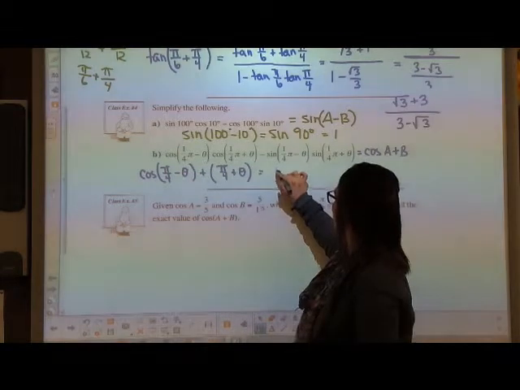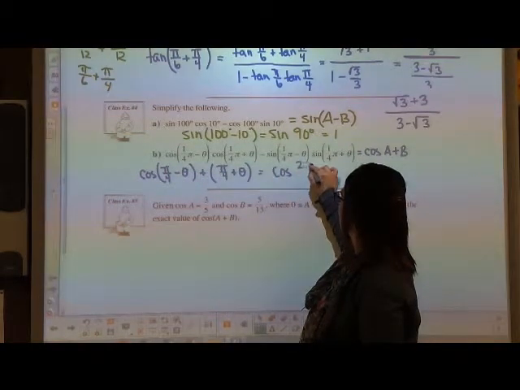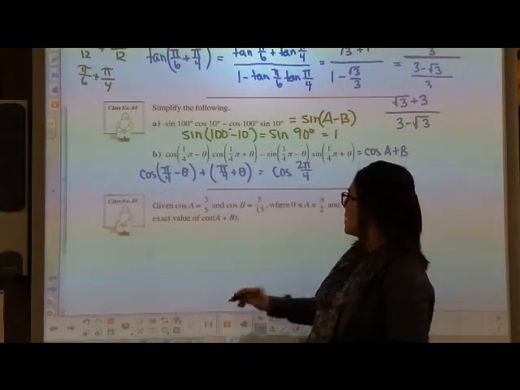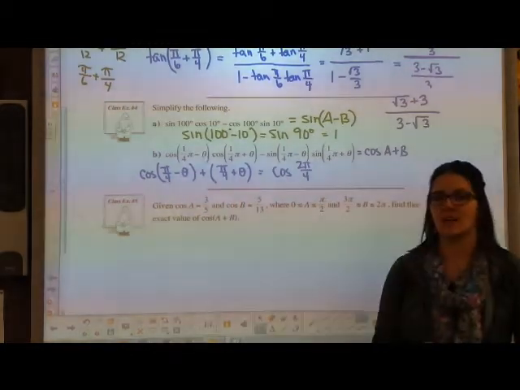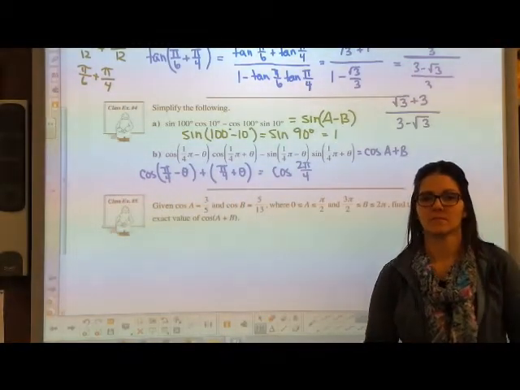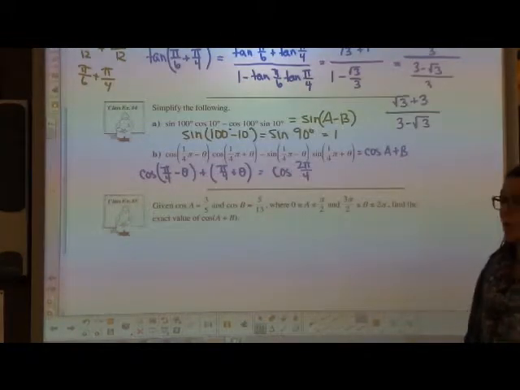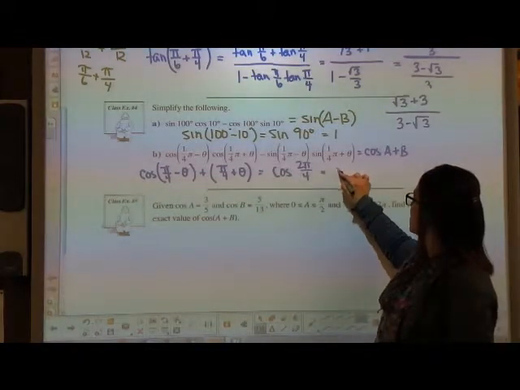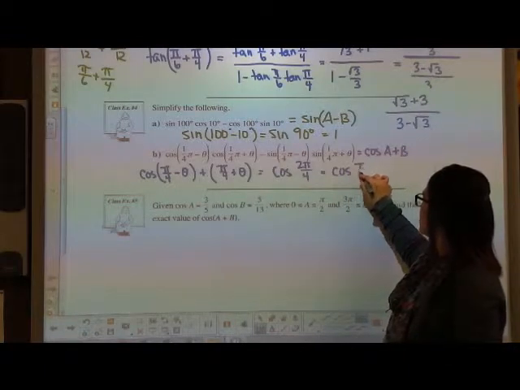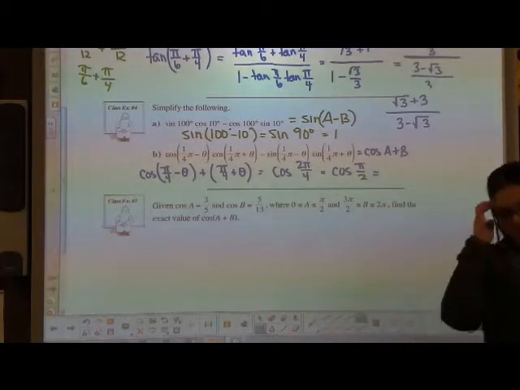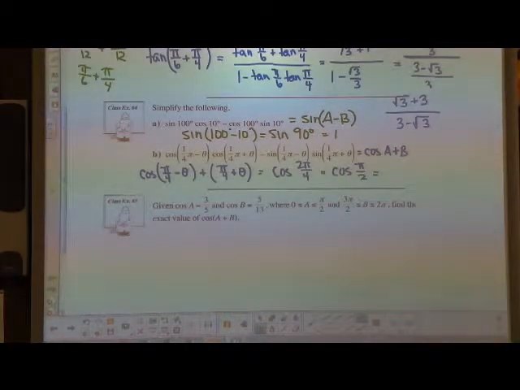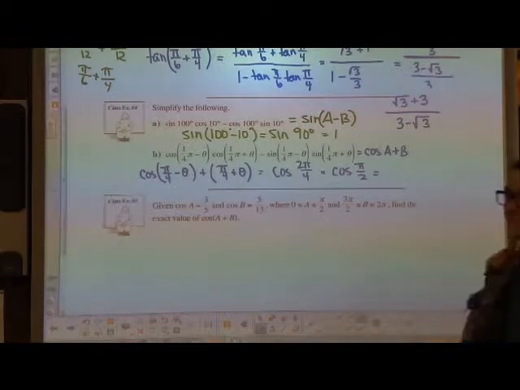So I get cos 2 pi over 4. And what's negative theta plus theta? Zero, it cancels out. So I get cos pi over 2, which is equal to 0.